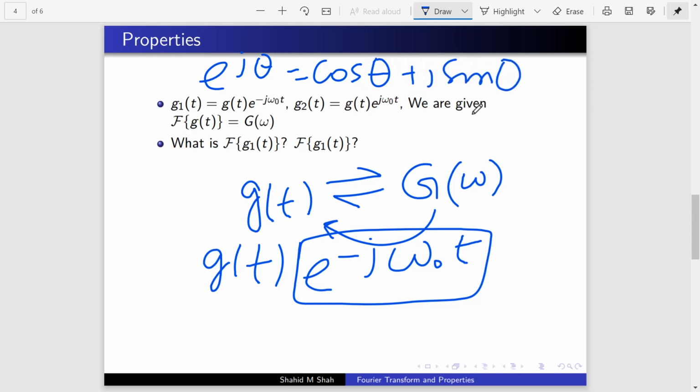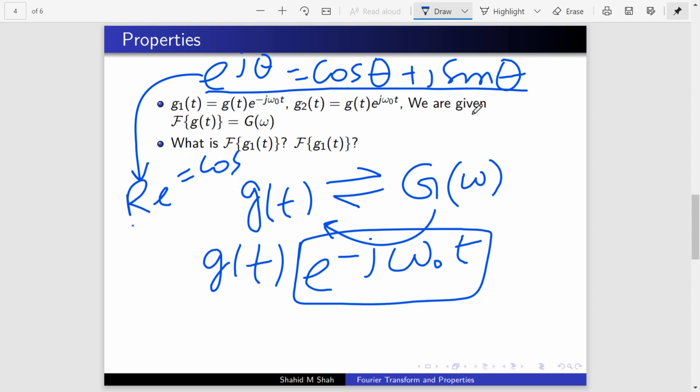Okay, so if you look at the real part of this, that is cos. If you look at imaginary part of this function, that is sine. So it becomes very convenient to handle the exponential rather than cos and sine. So wherever we have any operation where we need to multiply some function with cos or sine, we will multiply it with e to the power j theta and then take the real part at the end.